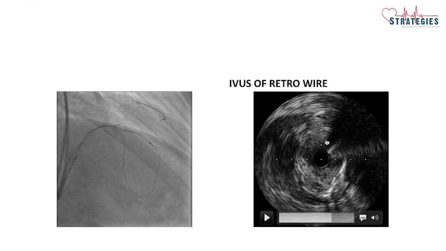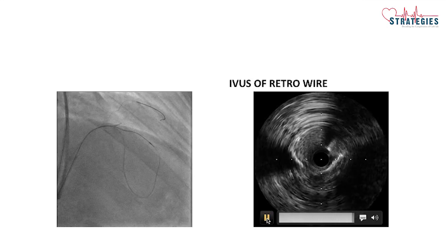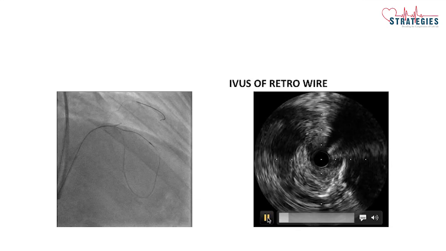So if you see the LAD, this is the true lumen, but there is another lumen here. This is another lumen in the media. So my wire is essentially in the subintimal location.